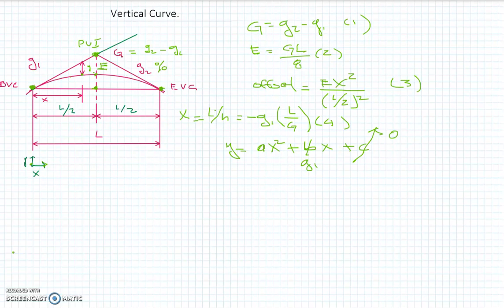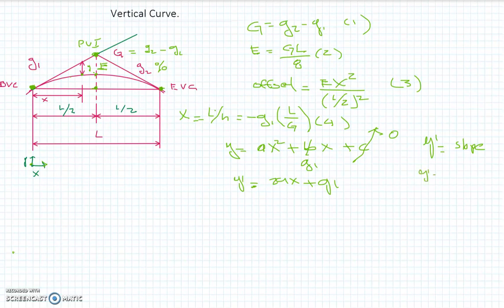So I'm going to do it very quickly. G prime, the first derivative of this equation, is equal to the slope. So G prime is equal to 2ax plus G1. If you want to find the high or low point, you set this equation equal to 0.